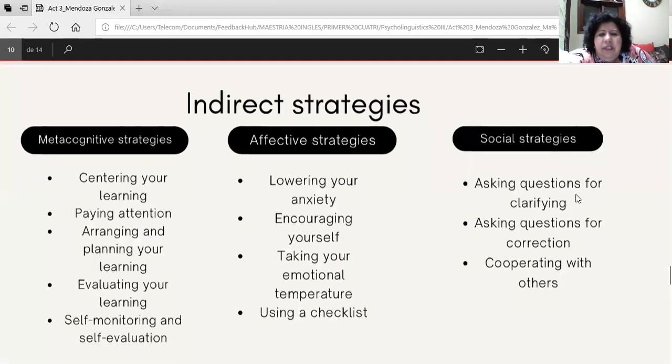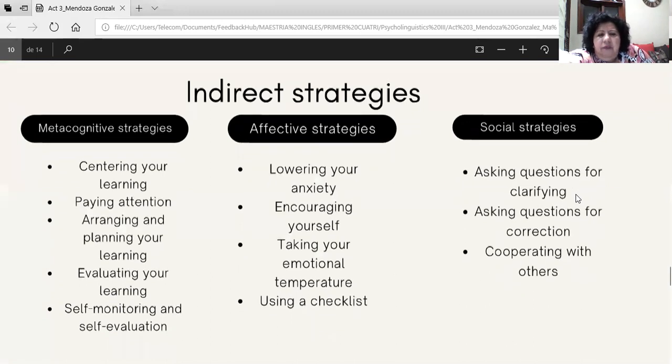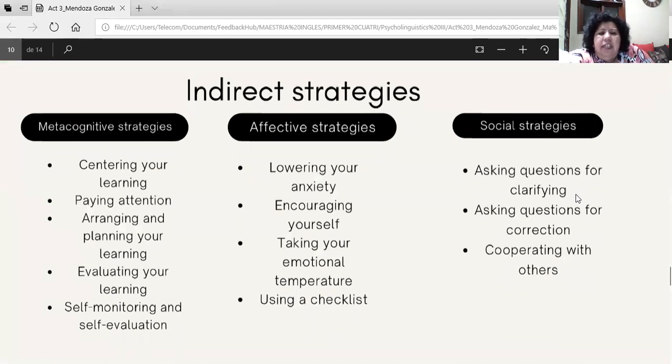The indirect strategies also are divided into metacognitive, affective, and social. In the metacognitive, we can find centering your learning, paying attention, arranging and planning your learning, evaluating your learning, and self-monitoring and self-evaluation.